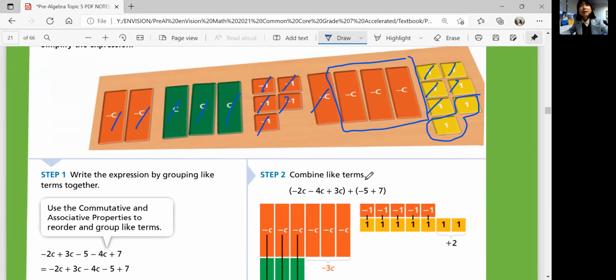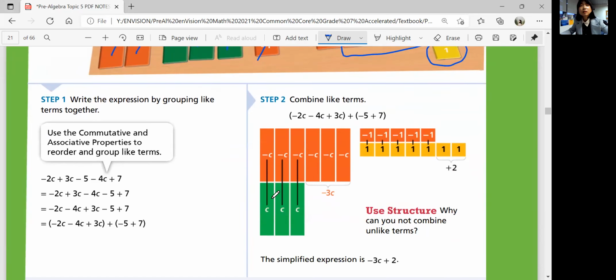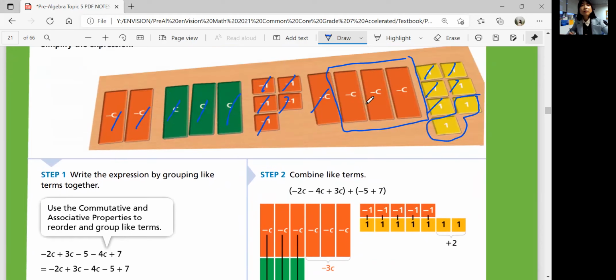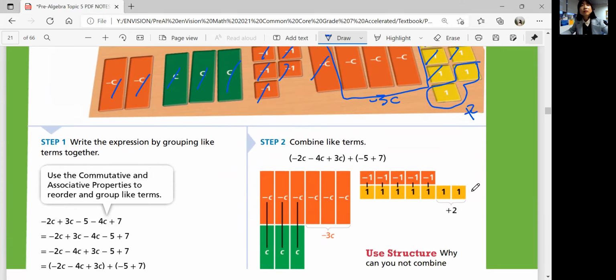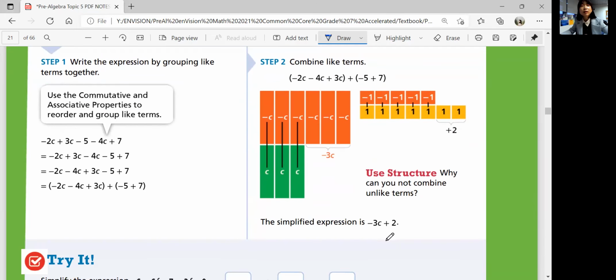And then combining like terms basically means you're canceling out the opposites. So then you have -3c left and positive 2 left. So that's going to be your simplified expression, -3c plus 2.